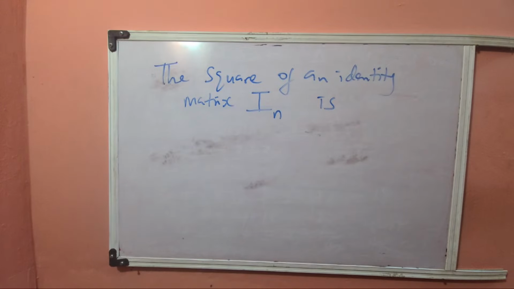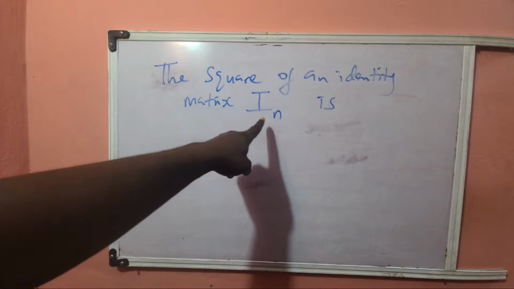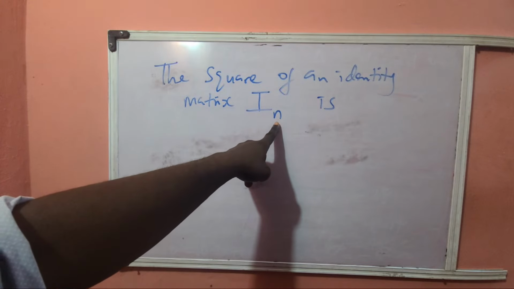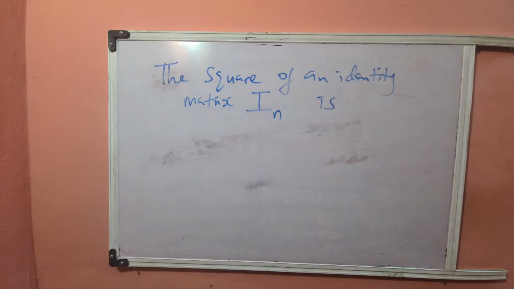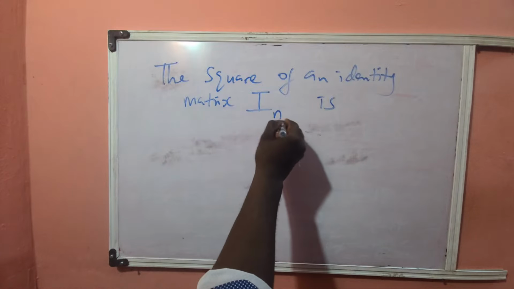Now, I don't know if you have an idea of what to do here, but can you see what's going on? First of all, we're not told the dimension of this identity matrix. We're not told if it's of order 2, or of order 3, or of order 4.